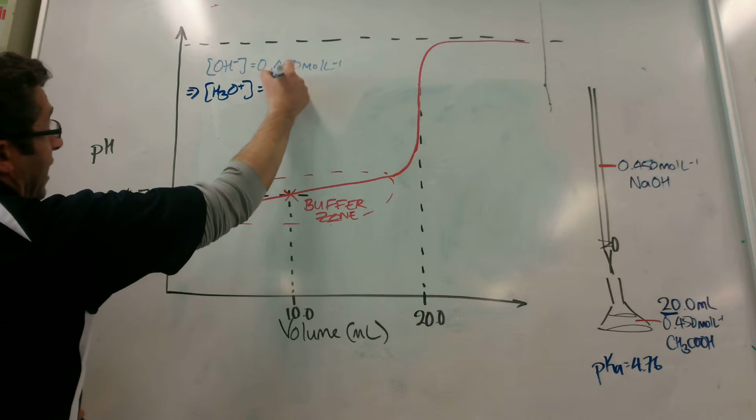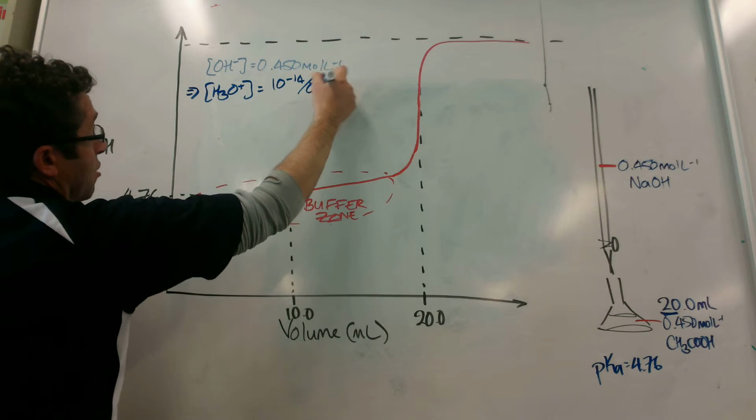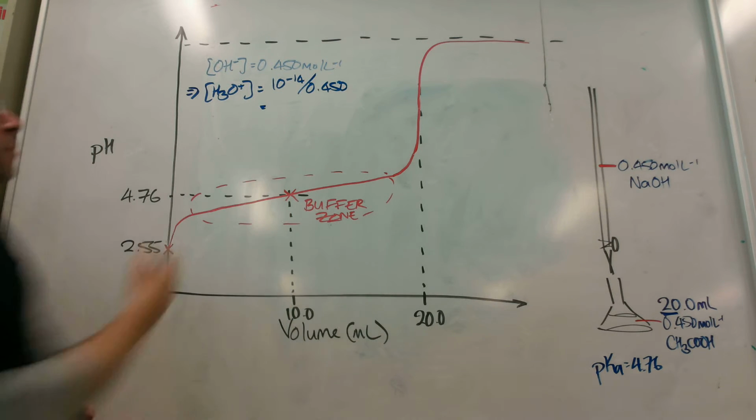Hydronium equals Kw, which is 10 to the minus 14, divided by 0.450. I'm going to need one of you to do that for me, please.